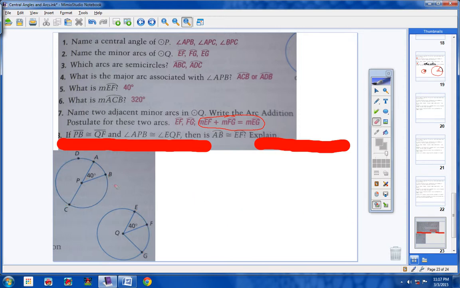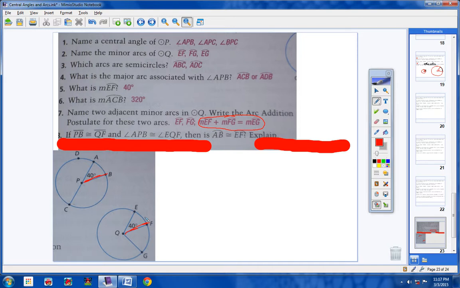And then lastly, let's take a look at this last question here. If PB is congruent to QF, now let's stop right there. If PB radius is congruent to QF radius. We learned in our last video, how do we know if two circles are congruent?